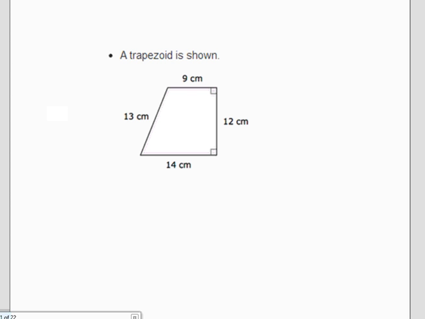Okay, so figuring out this shape. Because I know these are square corners, I would draw another line here, assuming that's a squared corner. That's a squared corner. This is now 9 centimeters. And I know that if this is 14 and that's 9, that has to be 5. So my area of my rectangle would be 12 times 9, base times height.